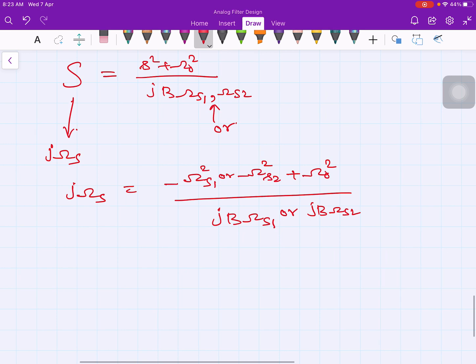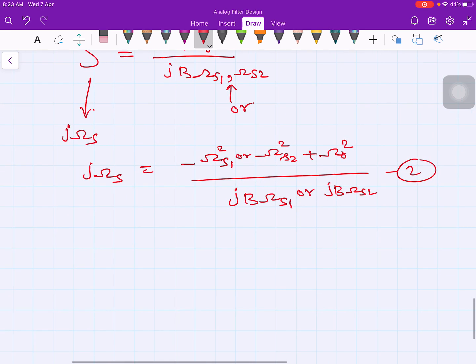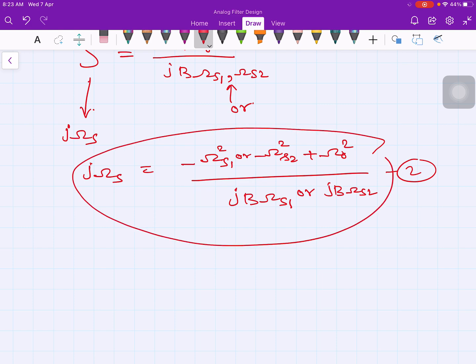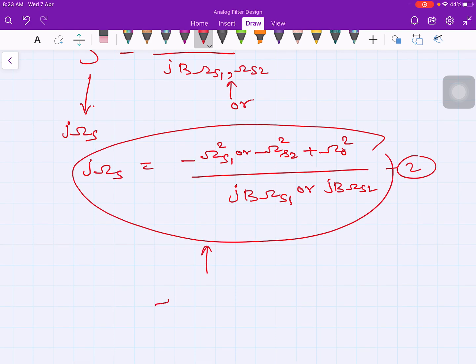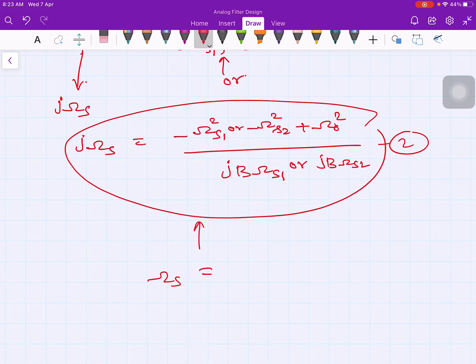Let me say this is 2, and from this relationship omega s will be equal to, if you want only the two positive frequencies, then generally omega s1 squared will be less than omega naught squared, isn't it? Therefore we will have to take the numerator as omega naught square minus omega s1 square, and the denominator becomes b omega s1.